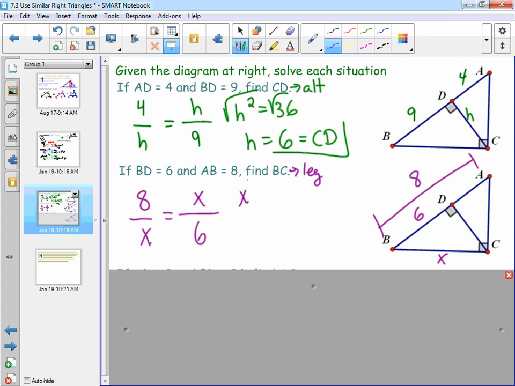And just like before, I am going to cross multiply. I know that 48 is not a perfect square, so I'm going to break it down. Root 16, root 3, and I get that X is 4 root 3, which is the length of BC.